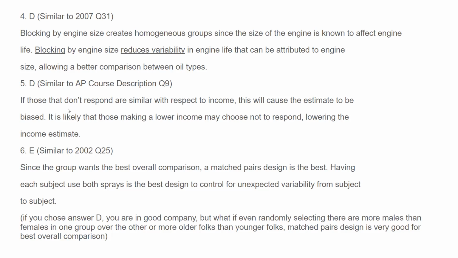Of those who are not responding, if they are similar somehow, then if we actually were to get them to answer the question, they would answer more closely with each other. That would change the results of the survey very much. So again, it has to do with whether that group that didn't respond are similar somehow. That's going to create bias.